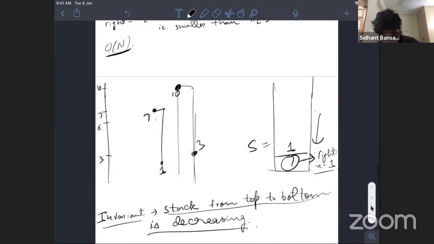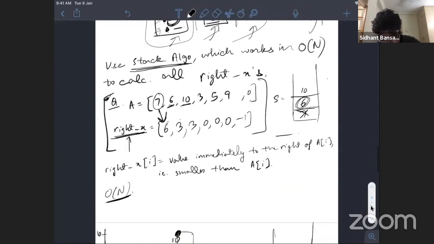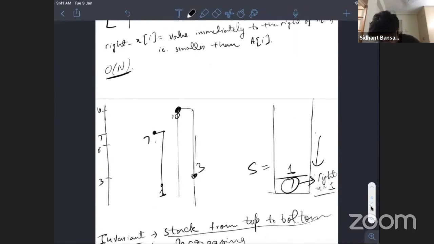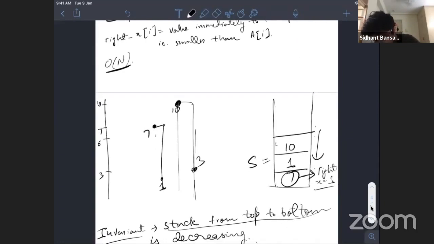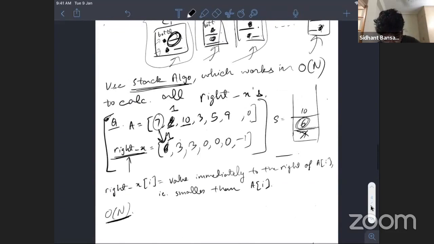Or basically here, 7's right x was 6, instead of 6 we have a 1 here. So put it right now only. Now after 1, when you see 10, you just push it in. When you see 3, you're going to pop out 10. When you pop out 10, update its right x to 3, which is basically this value.